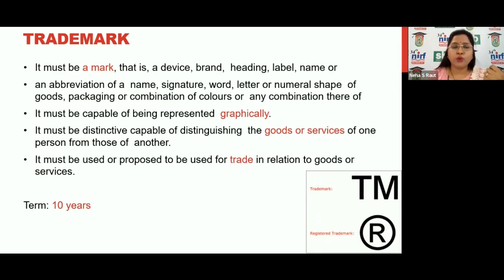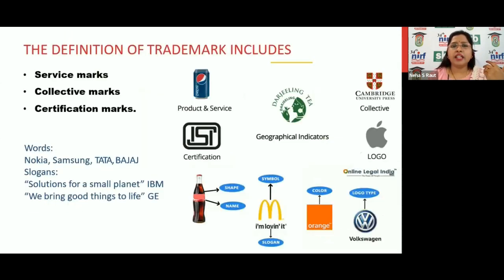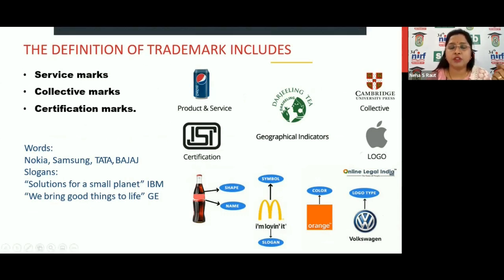So this is for logo, slogan, and this trademark includes service marks, collective marks, and certification marks, right? Here, you can see Pepsi is a product and a service, which we have been seeing for a long time. So for that, there is a service mark and product mark. You can see ISI, this is a certification mark, right? This is a geographical indicator, Darjeeling tea.